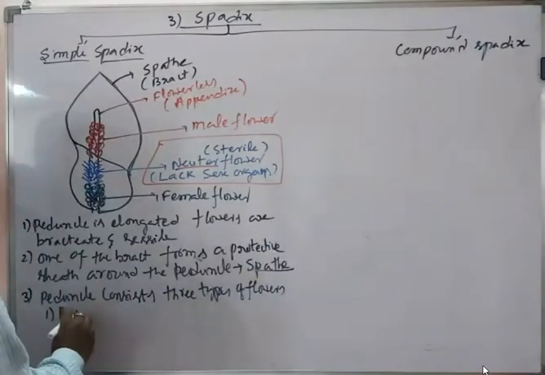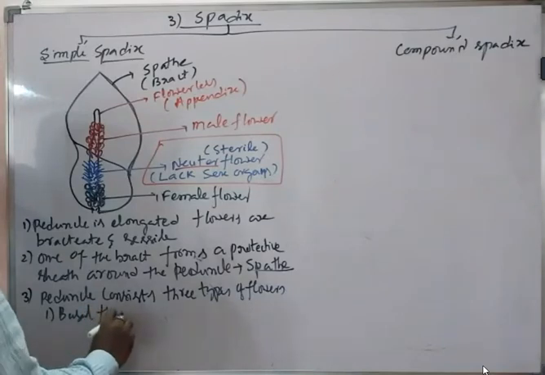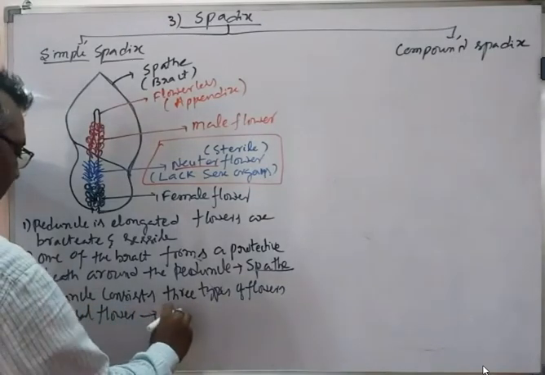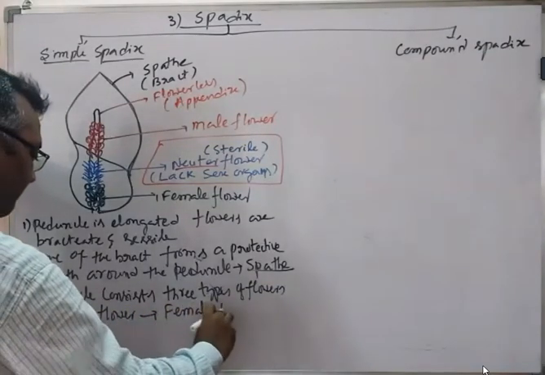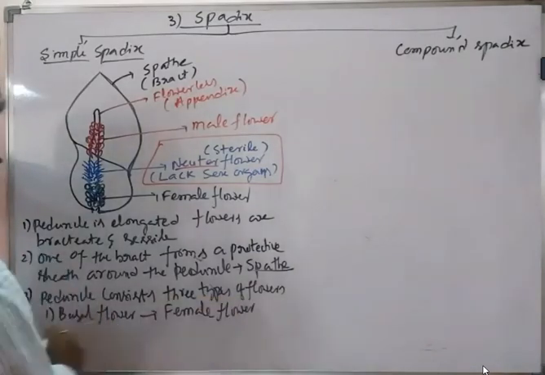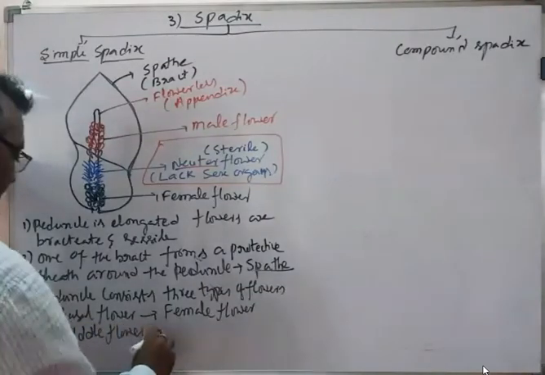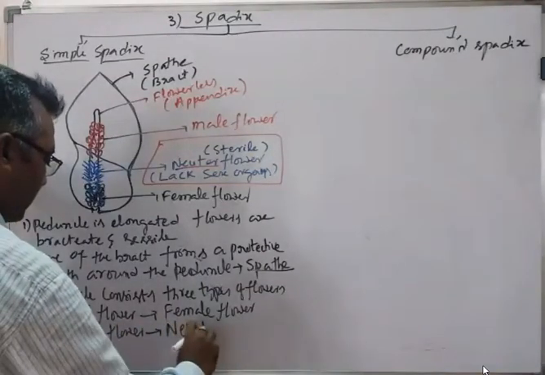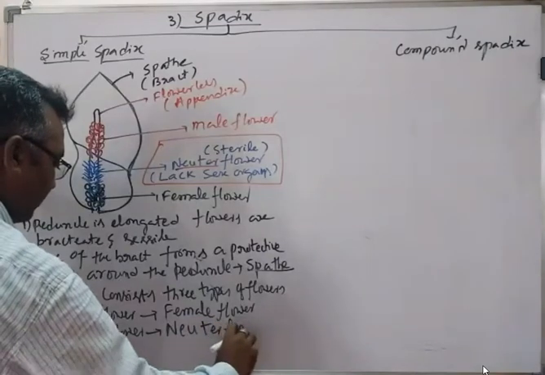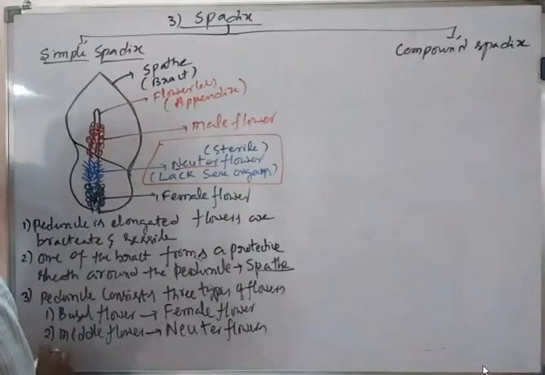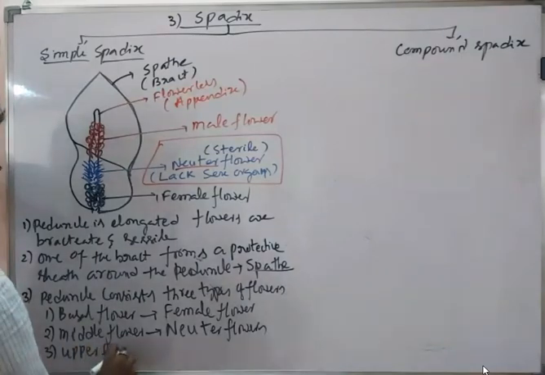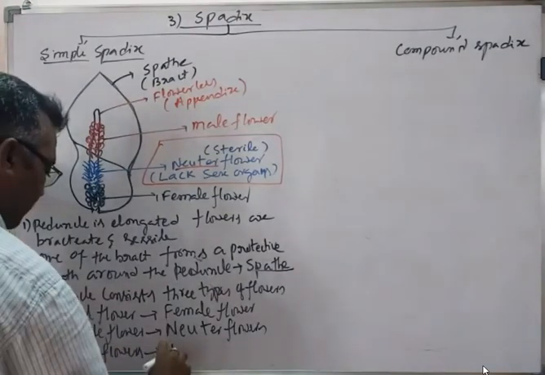Basal flowers, female flowers. Middle flowers, neuter, N-E-U-T-E-R, neuter flowers. Upper flowers, male flowers.